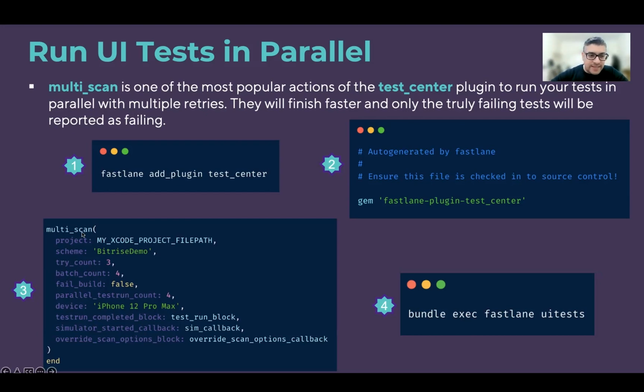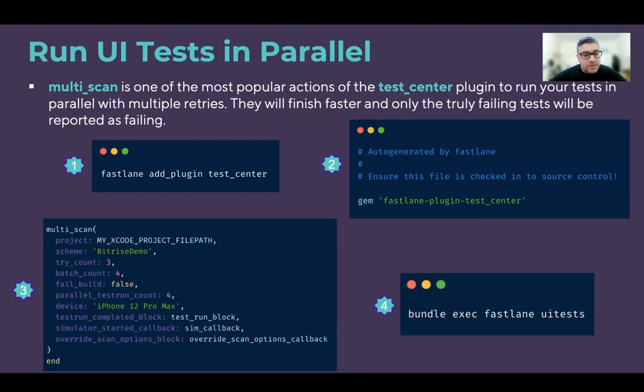Then after that, inside our Fastfile, we can add this section inside one lane, for example UI testing. So you can add multi_scan, and here you can specify and configure everything. For example, the project name, the scheme, the try count. So here we have options related to multi_scan, like try_count. For example, I want to retry the failing test cases 3 times. Batch count, so I can split the test cases across 4 devices.